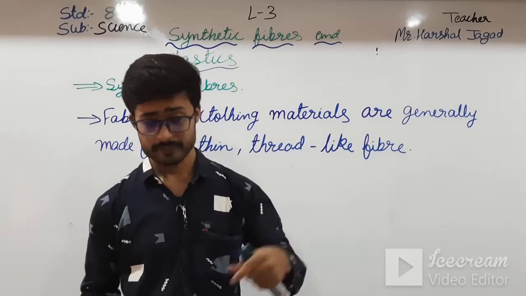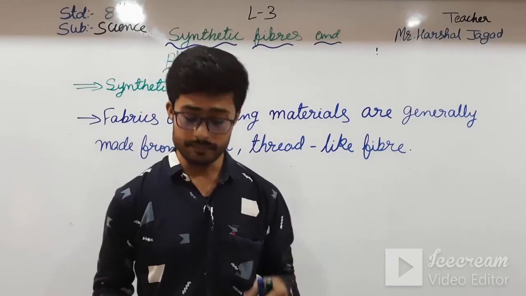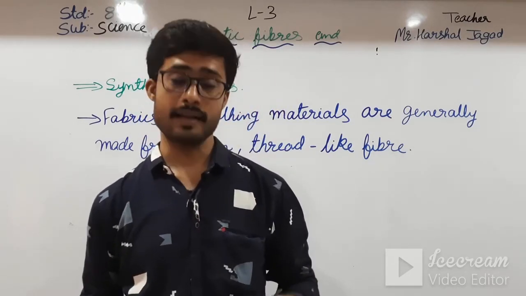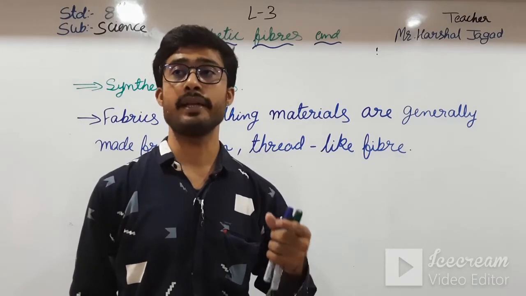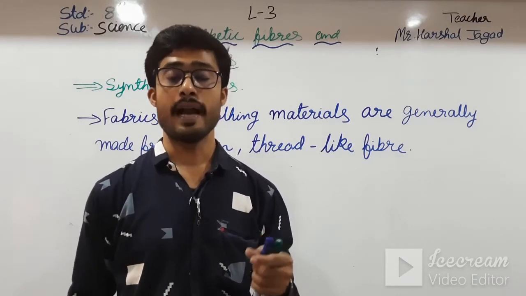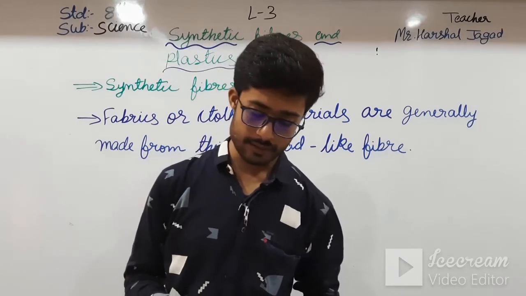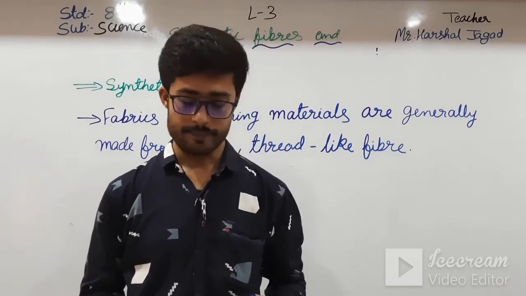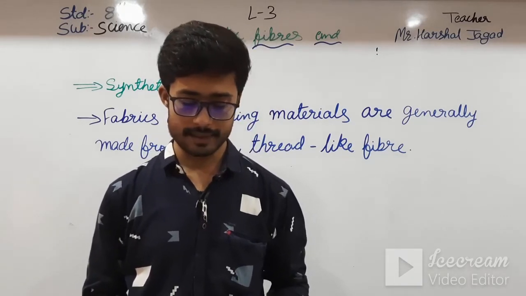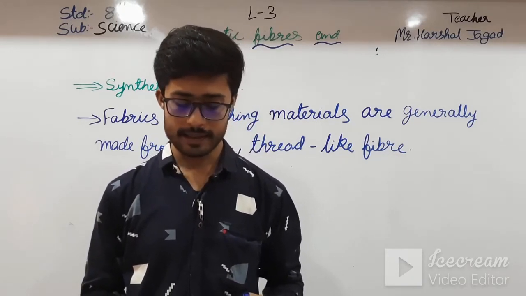So these synthetic fibers are man-made using chemicals such as coal, natural gas and petroleum products. In this chapter we will learn about synthetic fibers and plastics, their properties and uses.